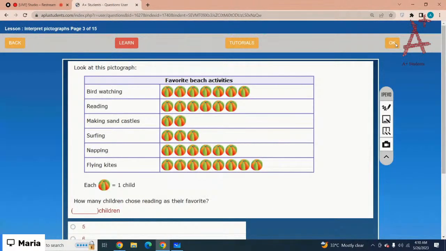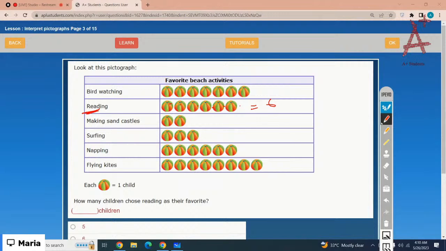We look at this pictograph. Each ball equals one child. How many children chose reading as their favorite? Okay, let's just look where is reading. Here is reading. One, two, three, four, five, six. So you have six balls, and each ball means you have one child.